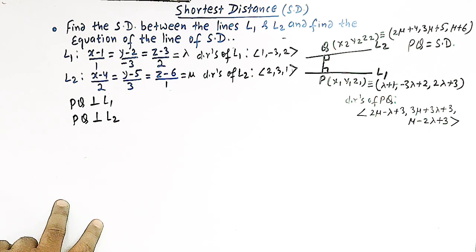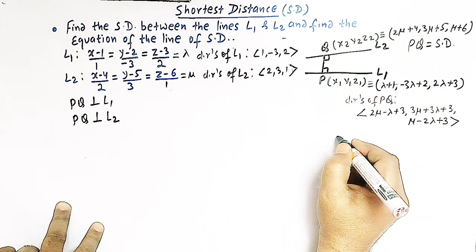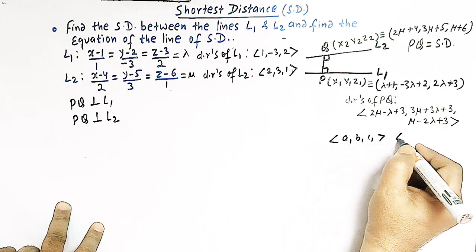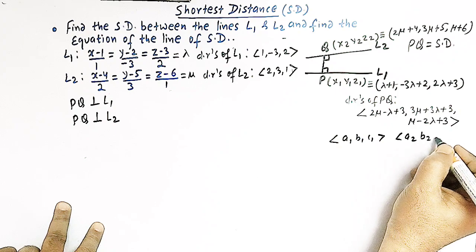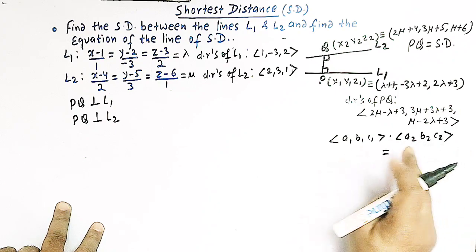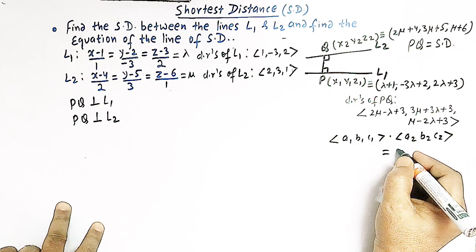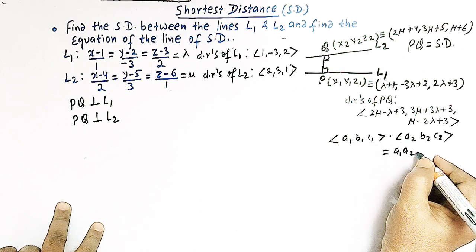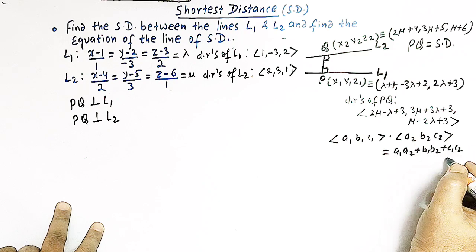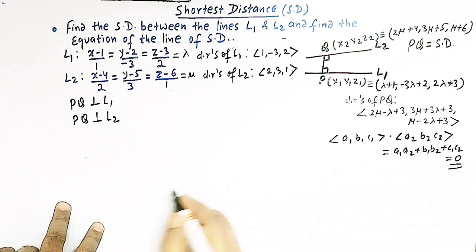And we know that if two lines are perpendicular and their direction ratios are say A1, B1, C1, and A2, B2, C2, then the dot product of these two direction ratios, that is A1 A2 plus B1 B2 plus C1 C2, is equal to 0, right?